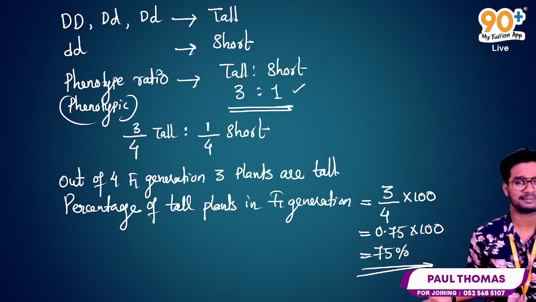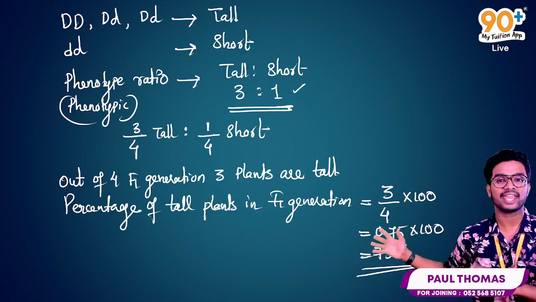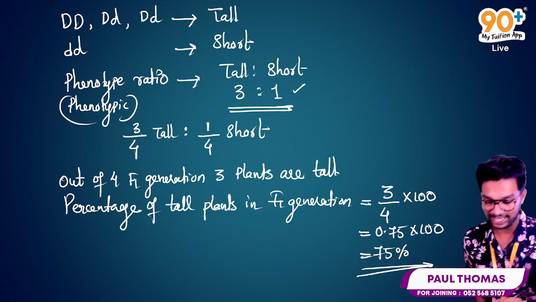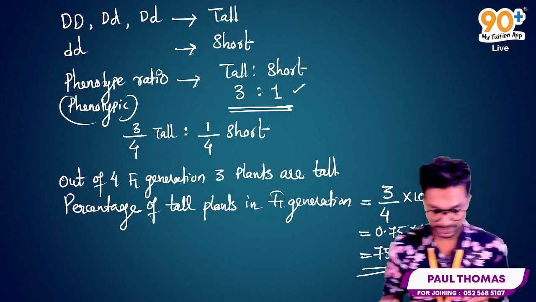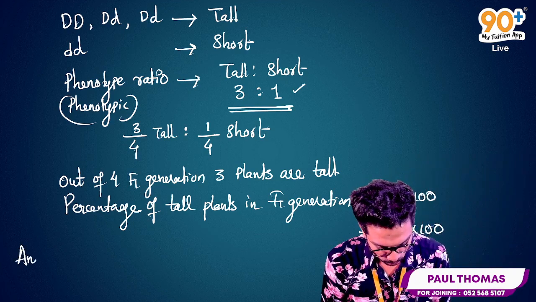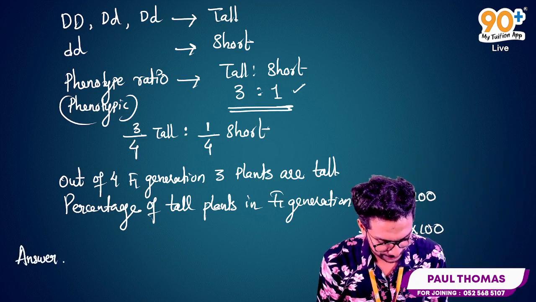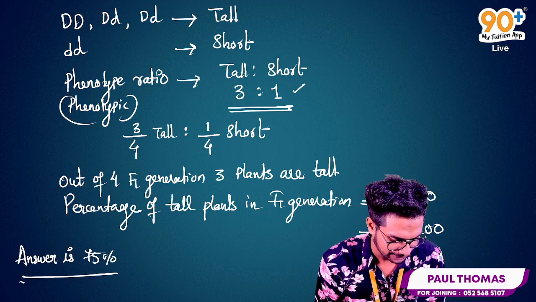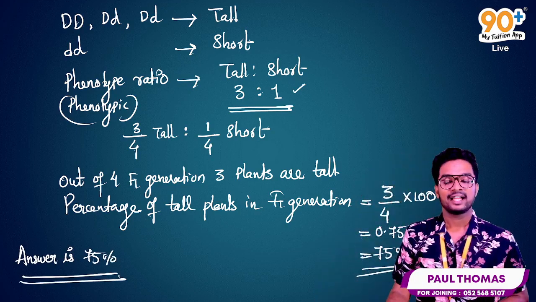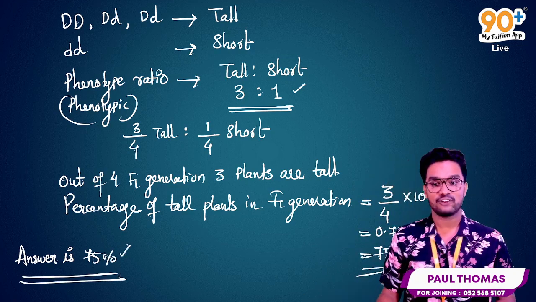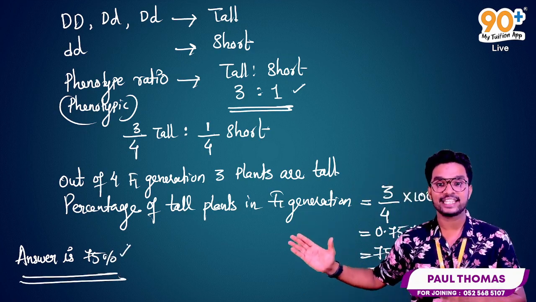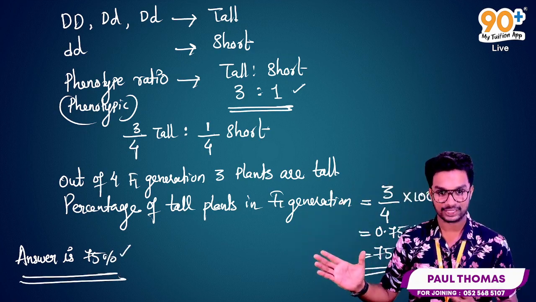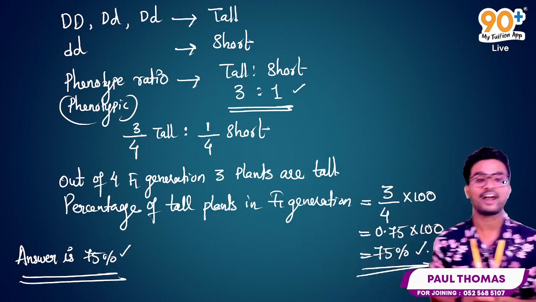What do you mean by this? The percentage for getting tall plants in F1 generation is 75%. And write down the answer. Write down one step. Answer is 75%. Or rewrite the sentence as follows. The percentage for getting tall plants in F1 generation is 75%.